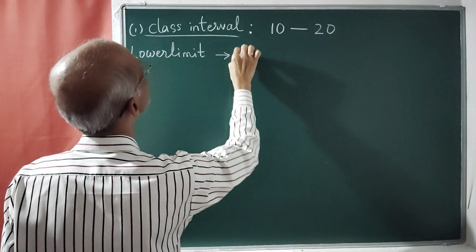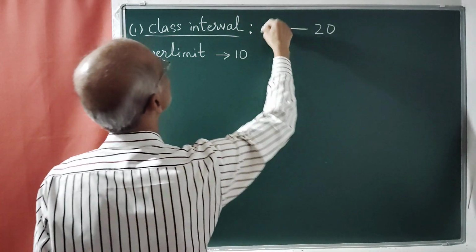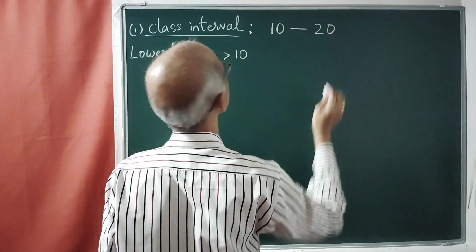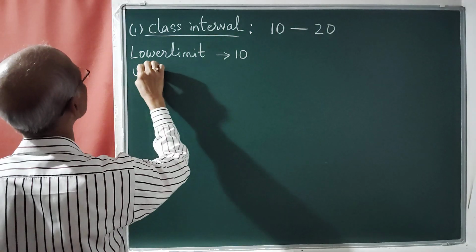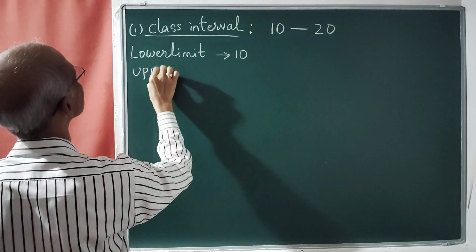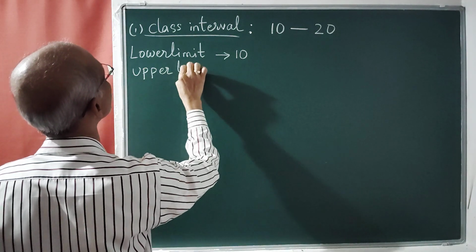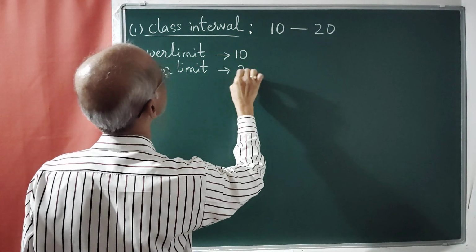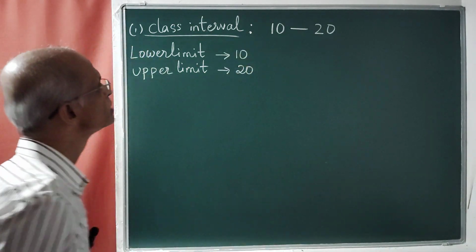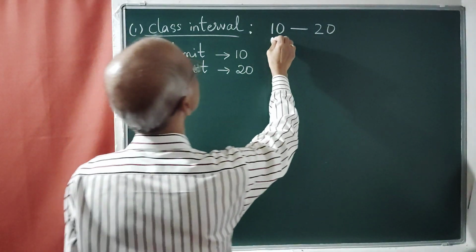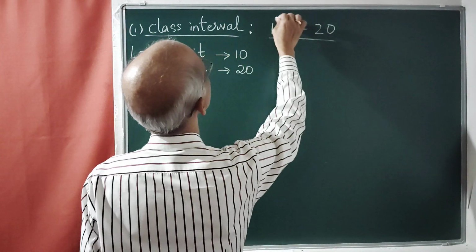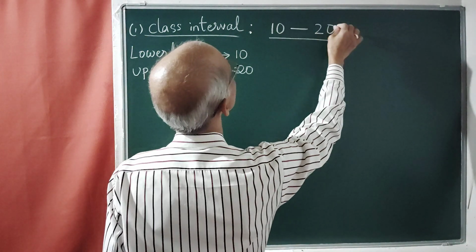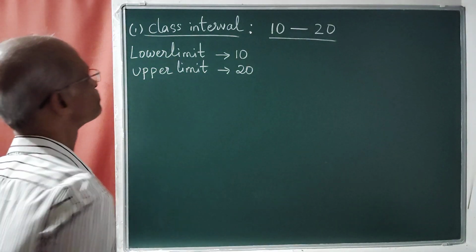Lower limit is 10. 20 is called the upper limit of the class interval. Upper limit is 20. This is a class interval. 10 is called a lower limit. 20 is called an upper limit.